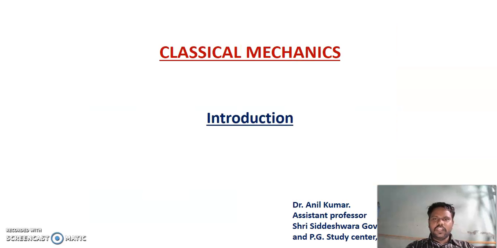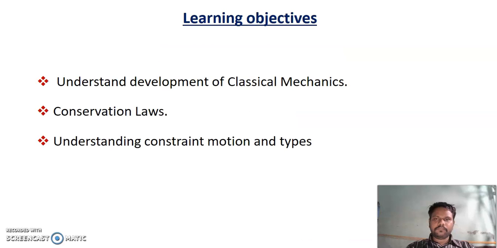In this session, we will have a brief introduction about classical mechanics. The objective of this session is to understand how classical mechanics had been developed and the conservation laws of motions, and to understand the constraint motion and their types.